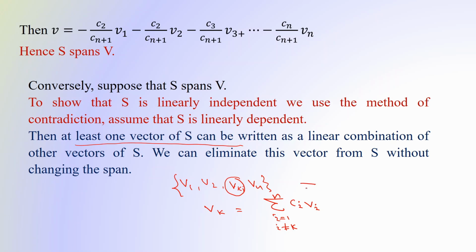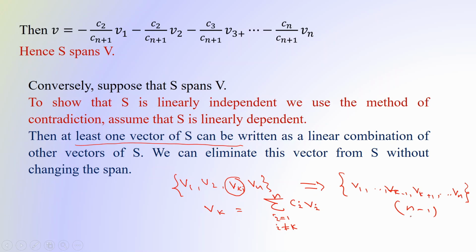The new set will contain only V1, ..., Vk minus 1, Vk plus 1, ..., Vn, so it contains only n minus 1 elements.